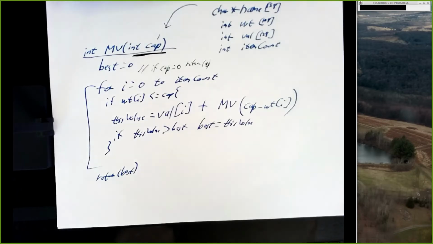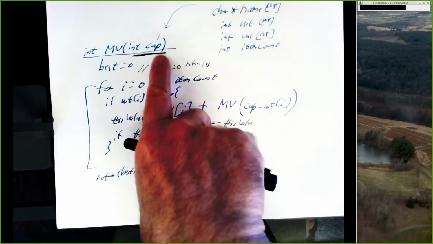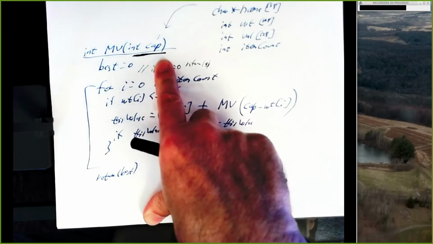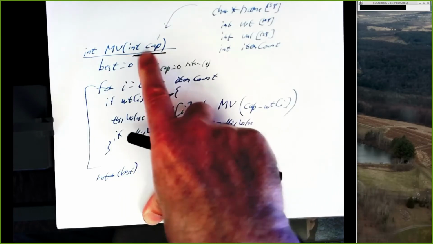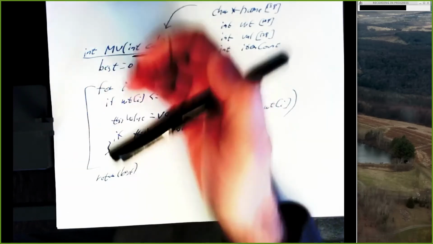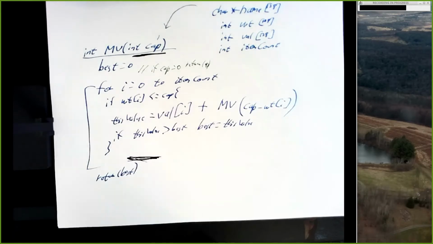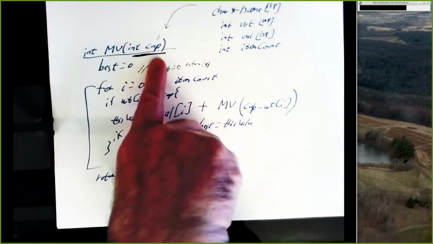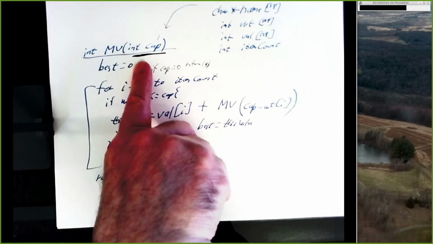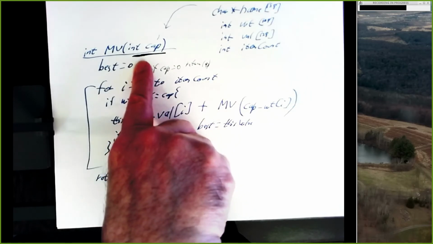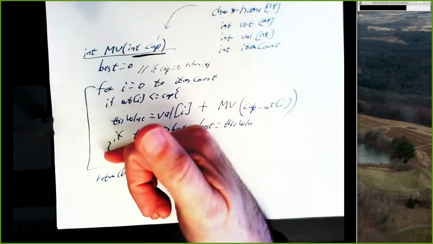And initialize the elements in that array to say -1. So in the very beginning, check that array bracket capacity. If it's equal to -1, you haven't calculated that MaxVal yet, so do all of this stuff. And at the very end, before you return, save your solution into that array. Your solution will be non-negative, so the next time you call MaxVal for the same capacity and you check the array indexed by capacity, you'll see something non-negative. You'll know, oh, I already calculated this, just return that value, skip all of this.